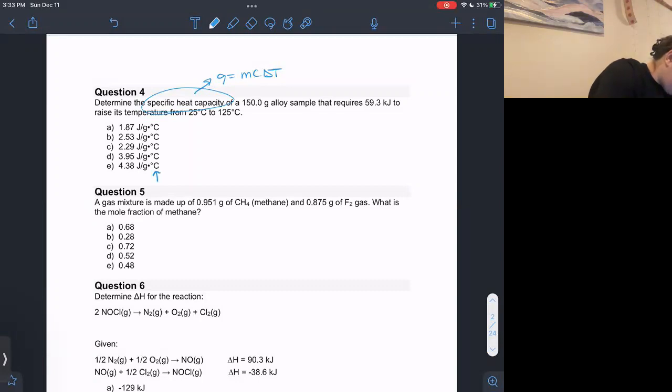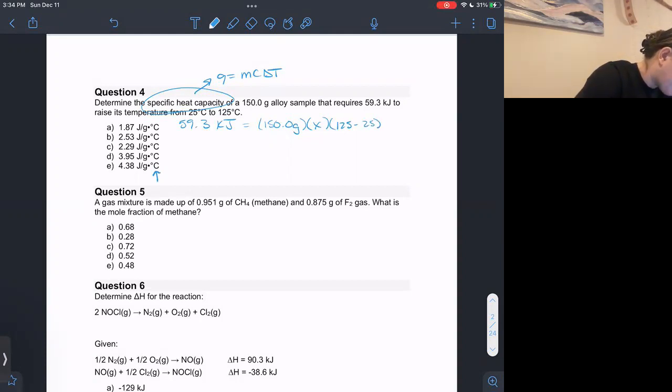So right now I'll say that it requires 59.3 kilojoules for a 150.0 gram sample. I don't know my specific heat, which is C, so that's going to be X, and my delta T is final minus initial. So I'm raising it from 25 to 125, so it's going to be 125 minus 25, which ends up just going to be 100.